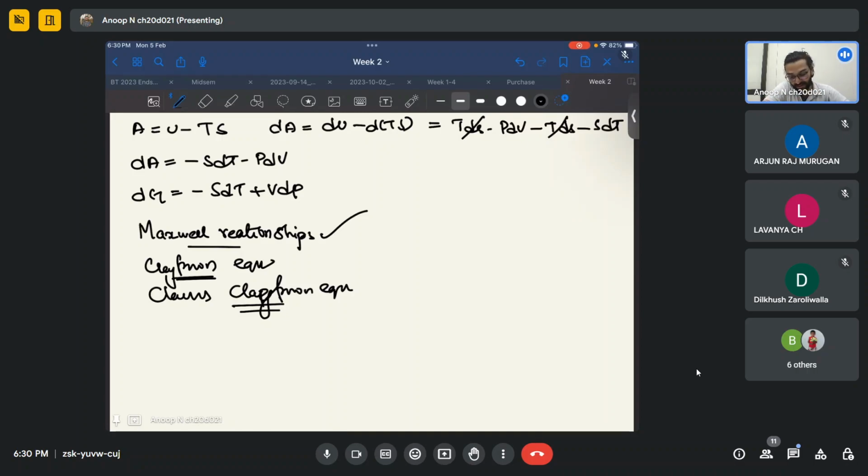You can go back to thermodynamics and see how the Maxwell relations are derived. I'll just write how. We have one relation: dU is equal to TdS minus PdV, right?